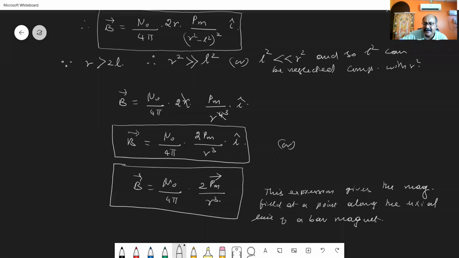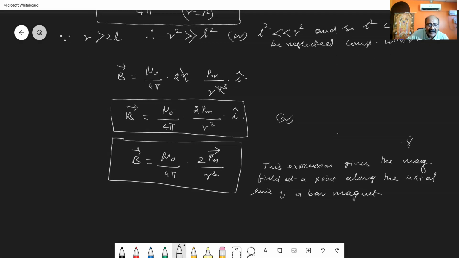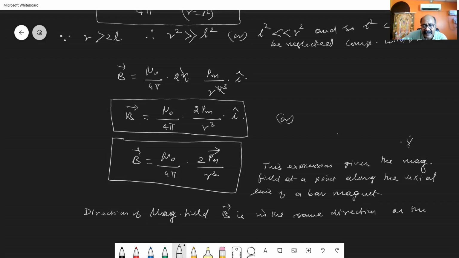Very important question. Here, you can also say it like this: the direction of magnetic field B vector is in the same direction as that of the magnetic dipole moment.